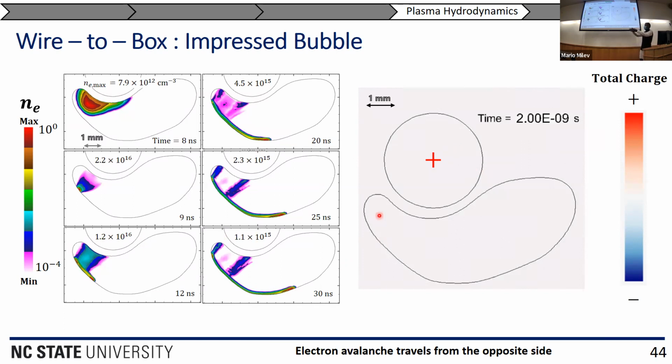And then once there's enough positive space charge, electrons are going to be attracted to that positive space charge, and then cause positive space charge where the electrons left. And so you'll see that kind of thing happening here, which eventually results in a positive streamer along the edge of the bubble, and then some electrons kind of following there.